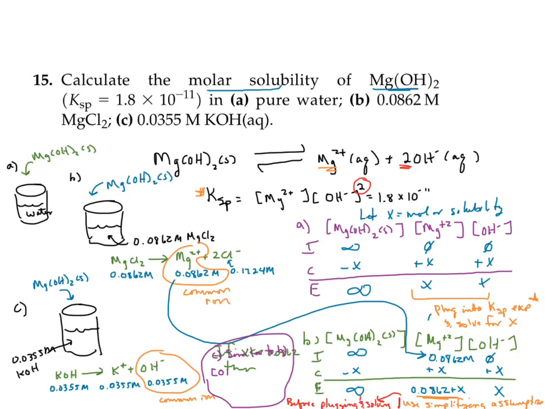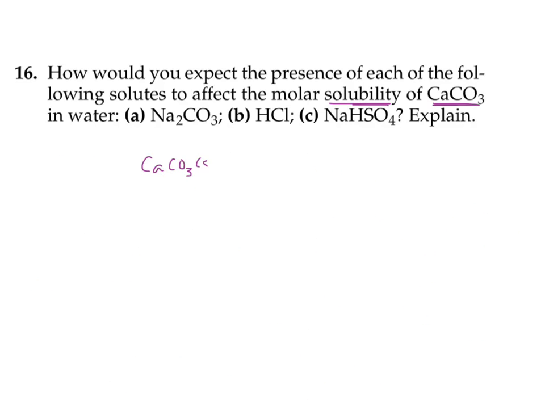In this case, you'll have an initial concentration of the hydroxide ion. So you need another ice table for C. Okay. On to the next one.